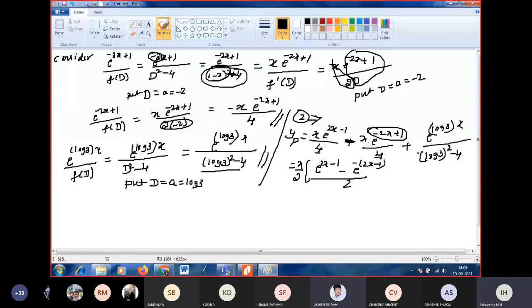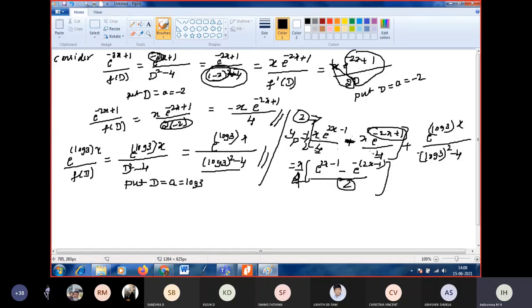Take LCM, ma'am, as 4. The first two terms, 1 by 2 is outside, correct. So it becomes 4. Okay. Is it clear what I did? So I took LCM as 4 in the denominator. In that 4, only 2 I took outside and the remaining 2 I retained in the denominator.